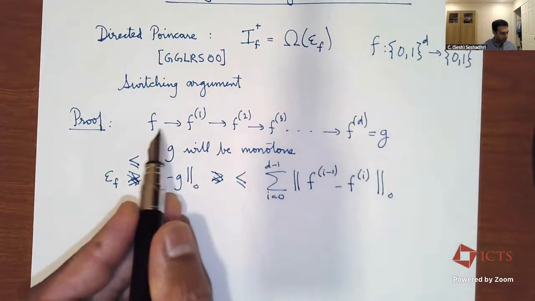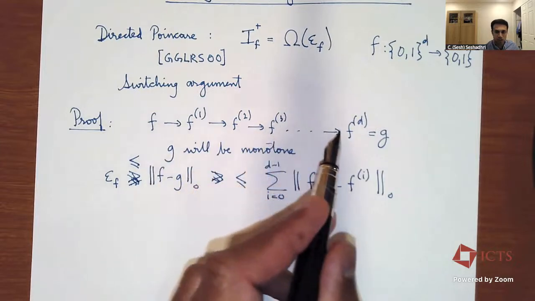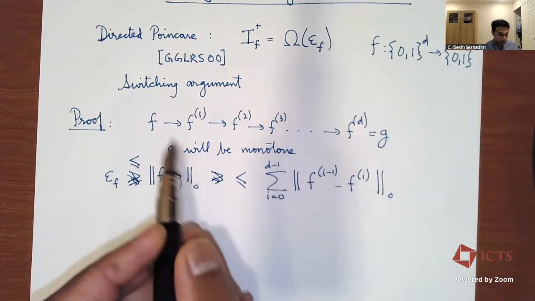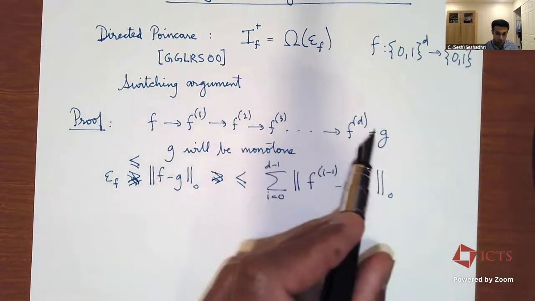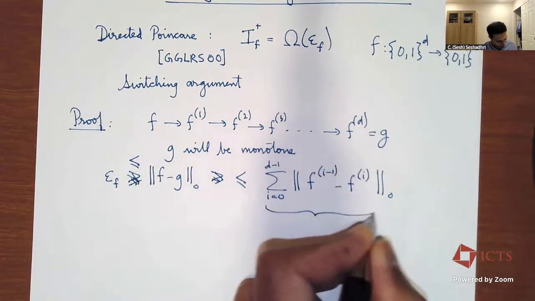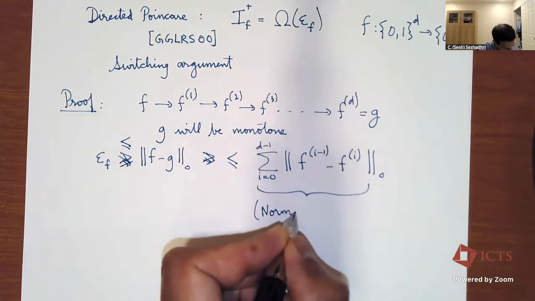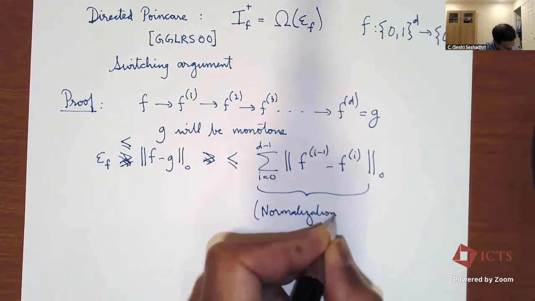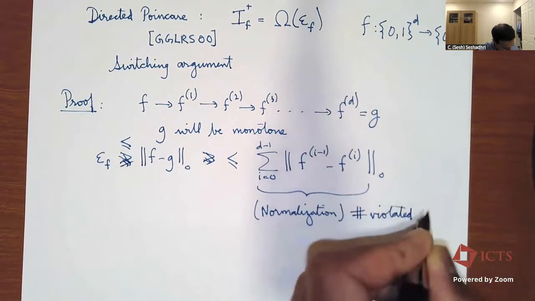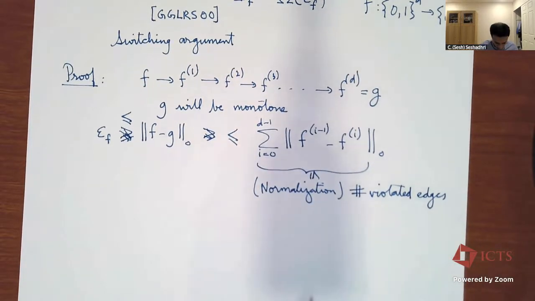I'm just saying that I could look at the successive differences between these functions, and I know that the sum of those successive differences is greater than or equal to the difference between f and g, and the difference between f and g is greater than epsilon. And what we will show is that this is going to be, up to some normalization, the number of violated edges. Okay, so this is the overall approach.